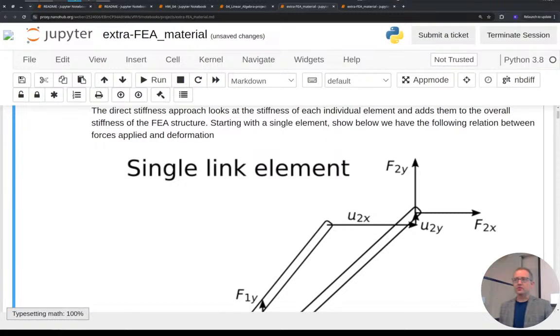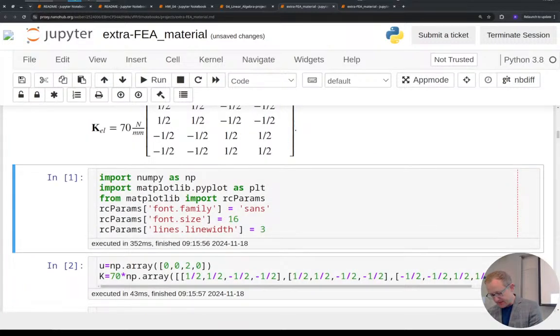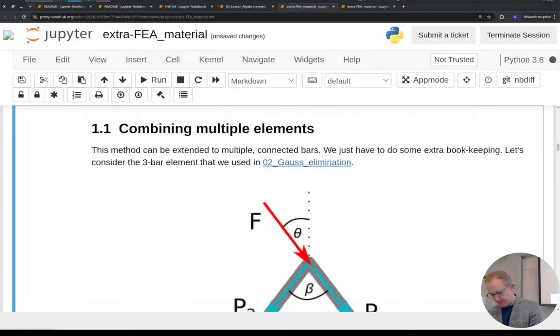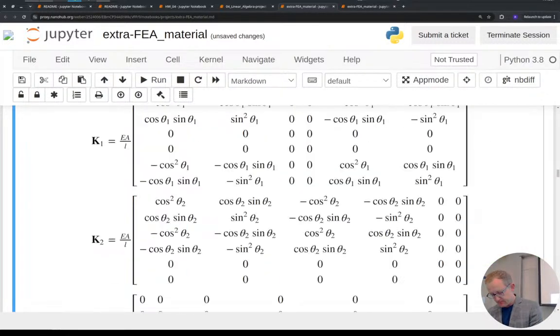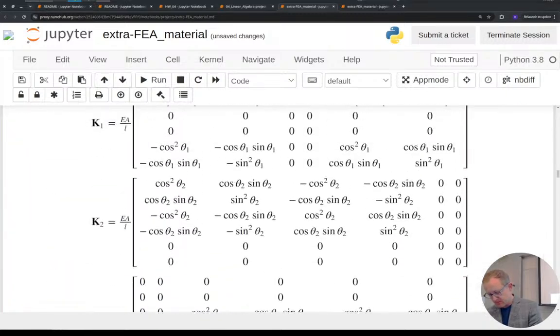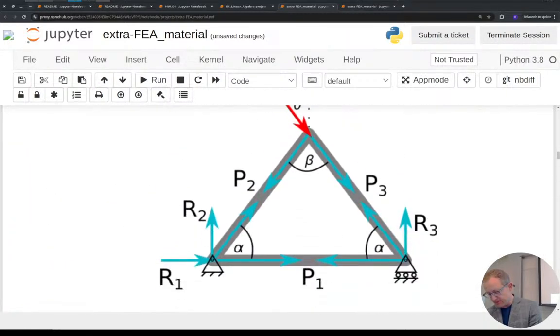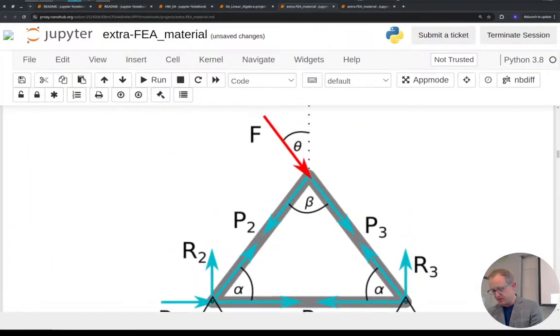It has a little bit more information about where that stiffness matrix came from, why it looks like that and how it got assembled, but also it has an example of a truss. Coming back to this one, we can actually look at that triangular truss as it deflects.